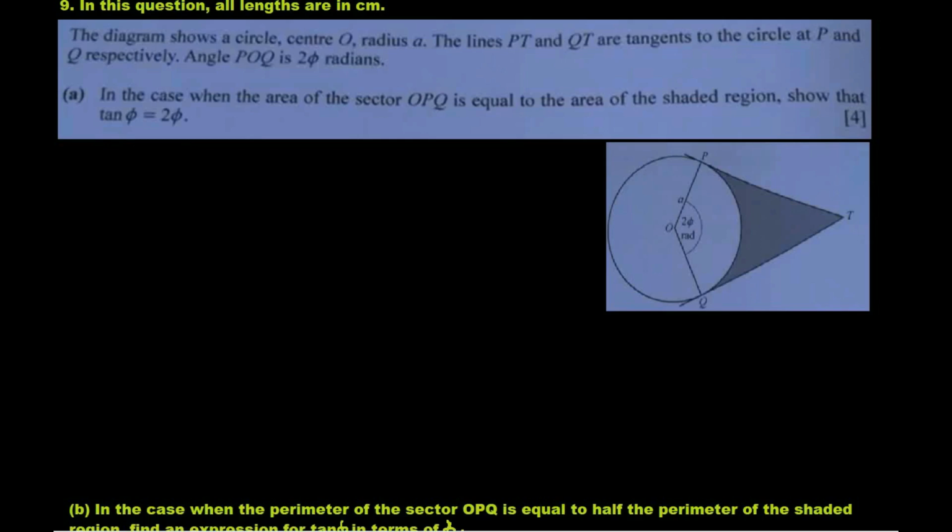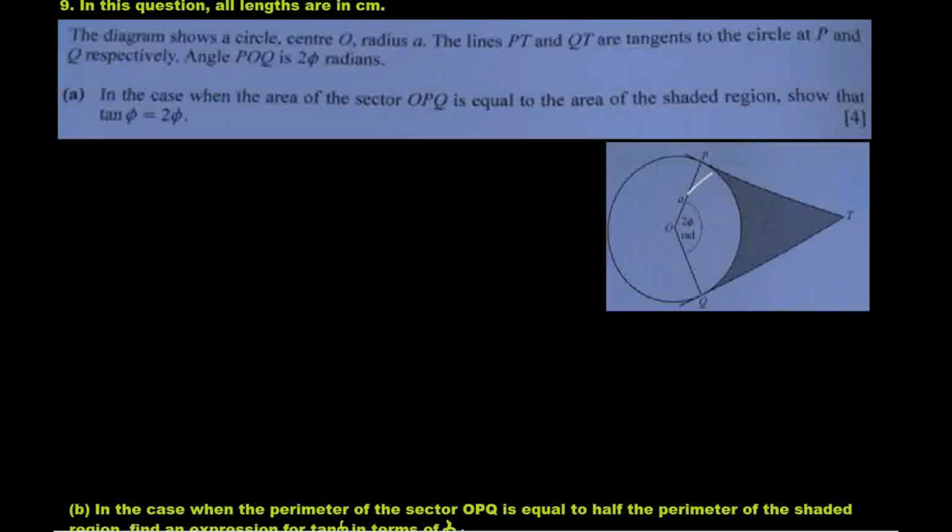Question 9 is about circular measure, where they have given a diagram on this right side, and they have given all the details here. The area of the sector OPQ, this one, is equal to the area of the shaded region, this one. Show that tan phi is equal to 2 phi.